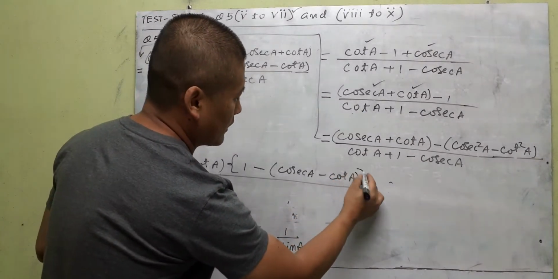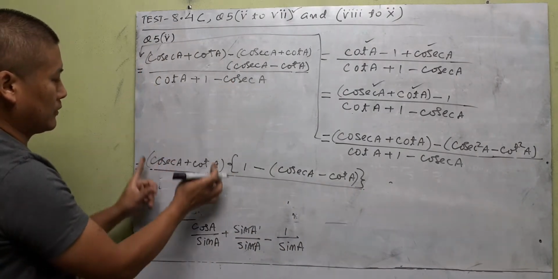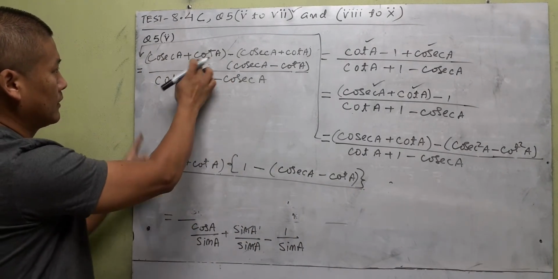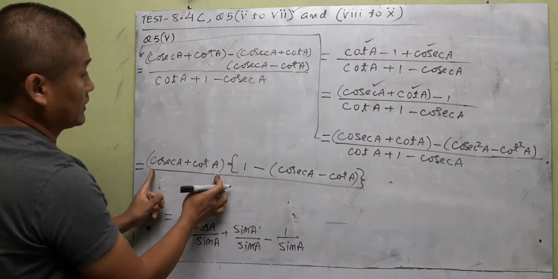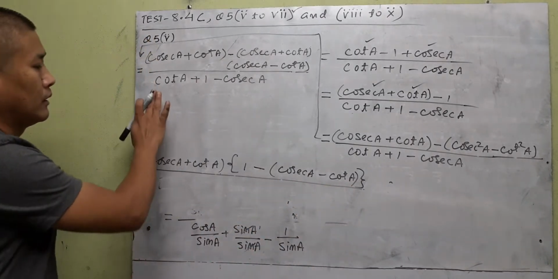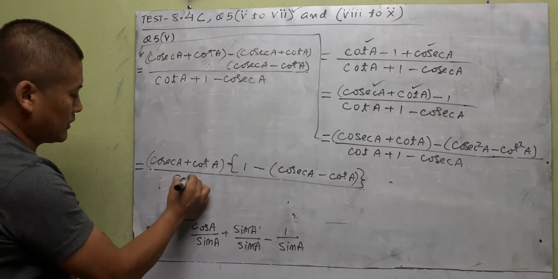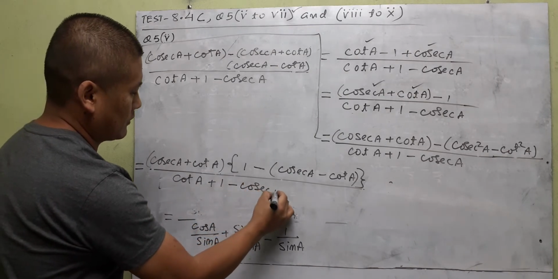And close the bracket, and the second bracket, meaning this whole thing is multiplied to this. This is the common factor taken out, into 1 is this first term, and for the second term the common factor is taken out, exactly the same, and the other one is still inside the bracket. Okay, then here just keep it as it is for some time, cot A plus 1 minus cosec A.